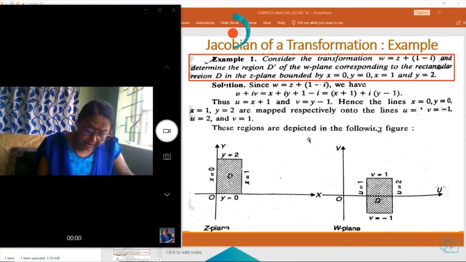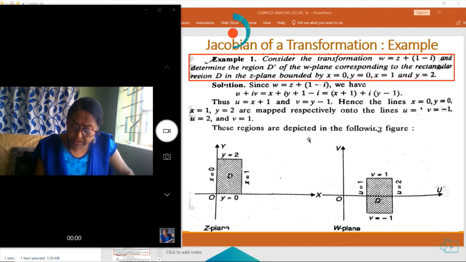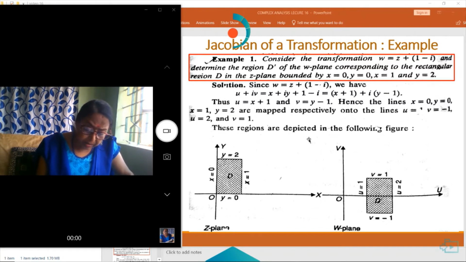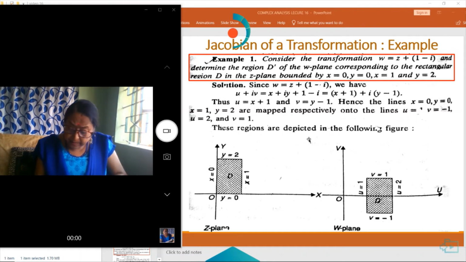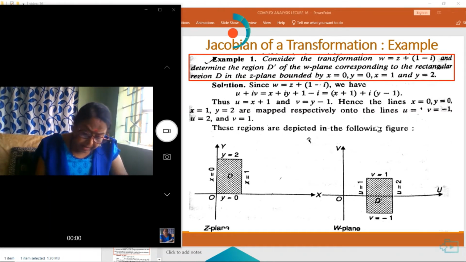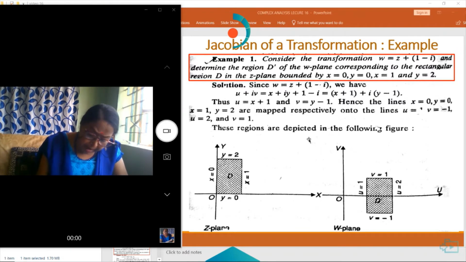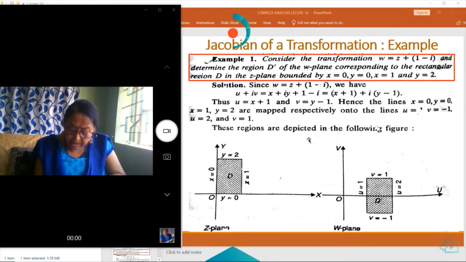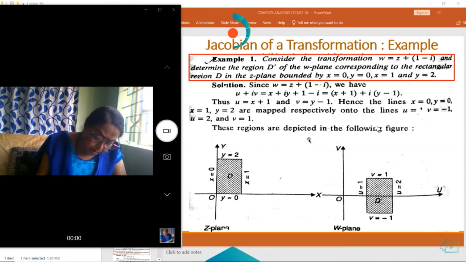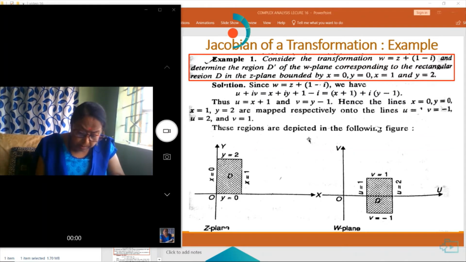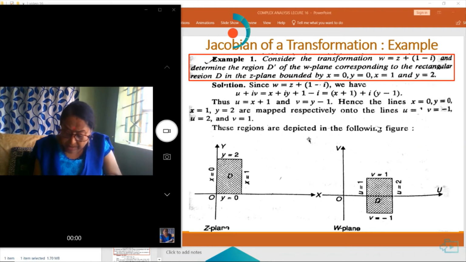Then putting the values x equal to 0 and y equal to 0, x equal to 1 and y equal to 2, we get u is equal to 1, v is equal to minus 1, and u is equal to 2, v is equal to 1.